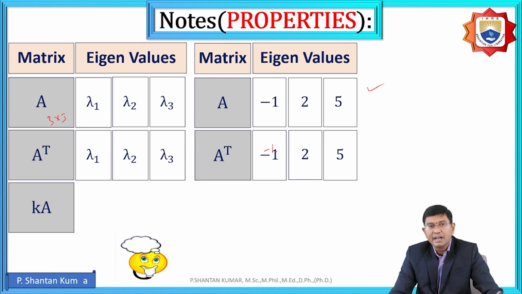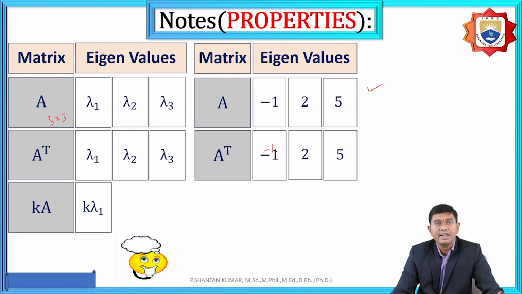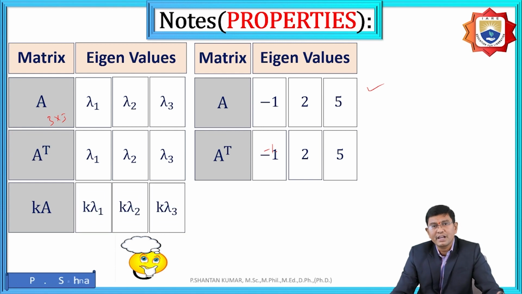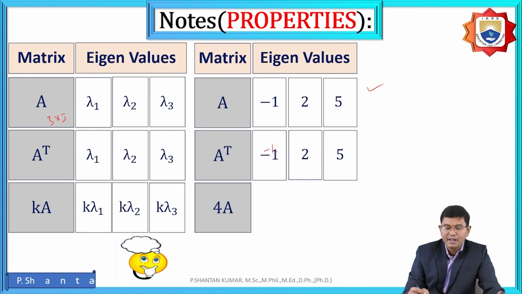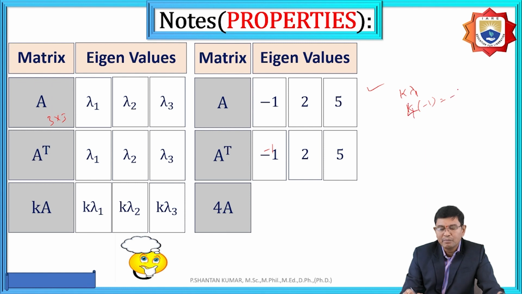Similarly, for k times A, where k is any non-zero scalar, the eigenvalues are k lambda 1, k lambda 2, k lambda 3. For example, assume k equals 4, so we have 4 times A. The eigenvalues are k lambda 1, which is 4 times minus 1, that is minus 4.